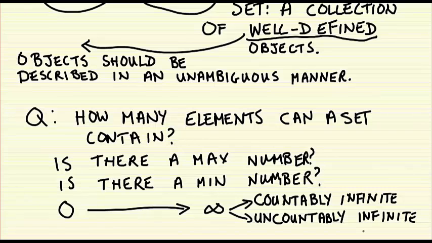So there are some other questions regarding sets that we would like to find an answer to. Okay, so we've just seen that a set doesn't list the same element twice. Okay, so let's do some examples just to clarify the situation.